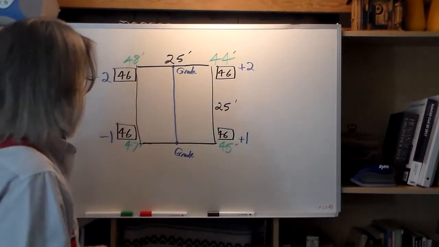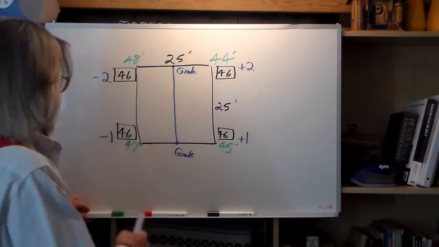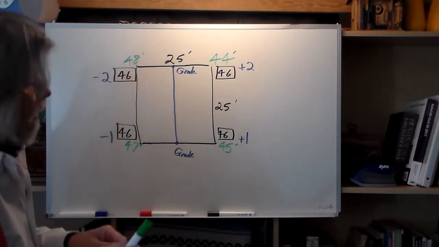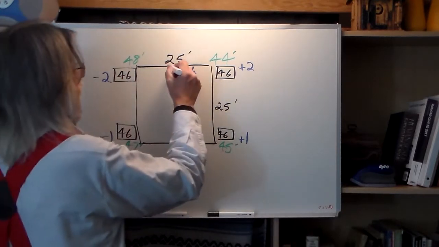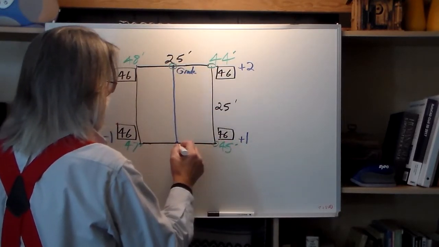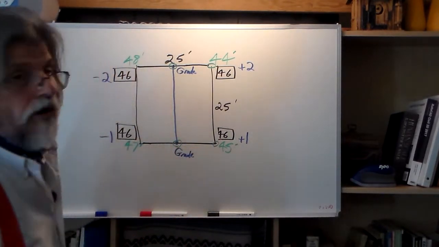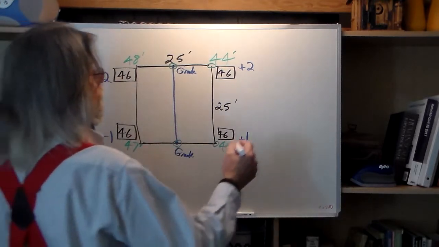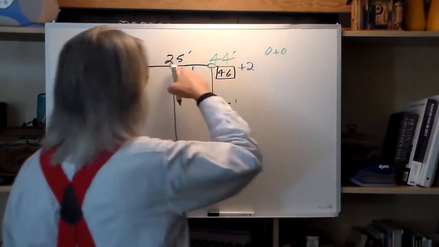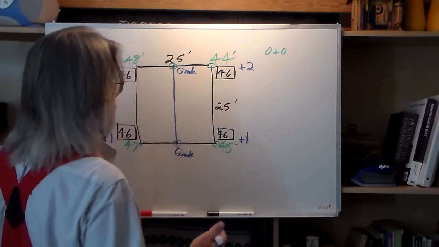So the average depth for the fill side is going to be this. You got 4 points. You got one here, one here, one here, and one here. What are the depths of those points? Well, we've got 0 plus 0, because there is no cut or fill, that's on grade.